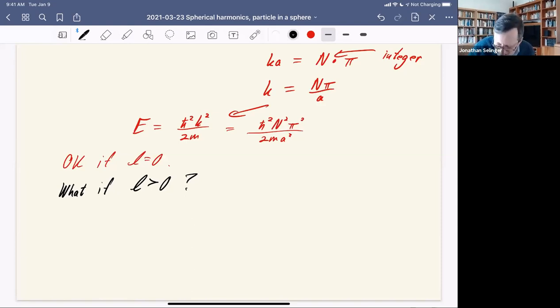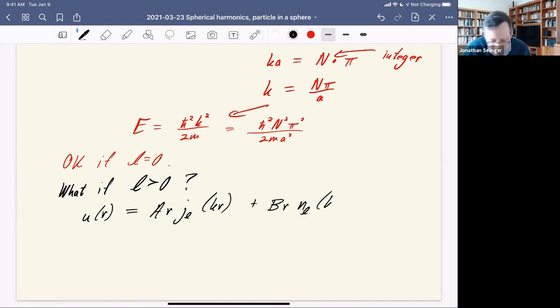The answer is that U of R can be one coefficient times R times the J sub L special function of KR plus another coefficient times R times the N sub L special function of KR.